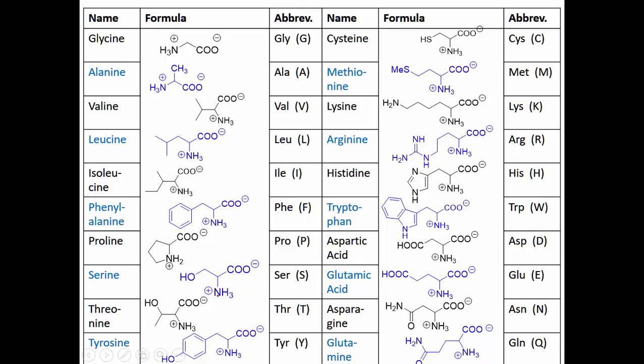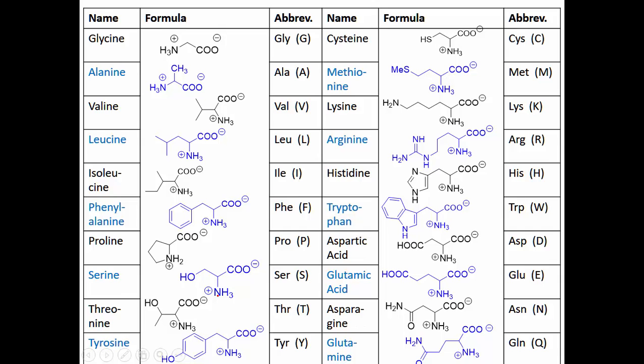But if it gets really complex, then you go to a 1-letter abbreviation. I like the 3-letter abbreviations because they look like the actual names, but in some cases, when you go to the 1-letter abbreviations, they don't relate to the name at all. Consider phenylalanine: its 3-letter abbreviation is PHE, but its 1-letter abbreviation is F.